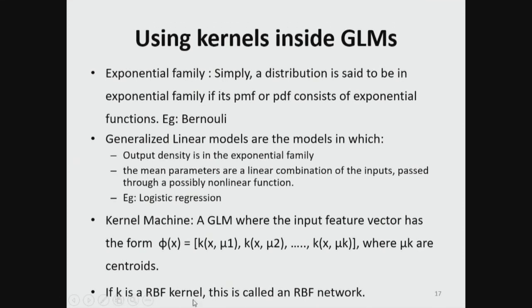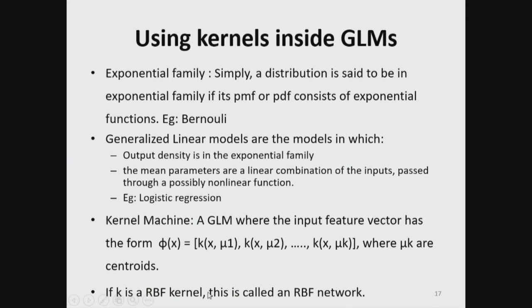Then if k is an RBF kernel, remember, the kernel in this formulation can be anything. If k is an RBF kernel, remember what an RBF kernel is? Yes, distance, the norm concept is there.